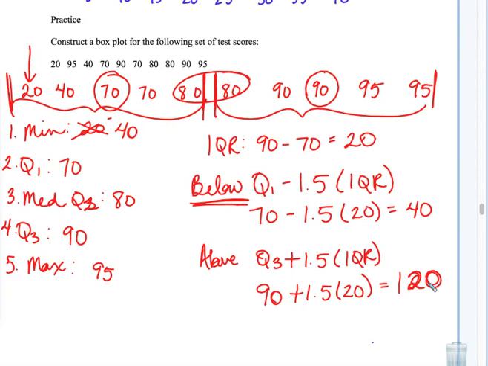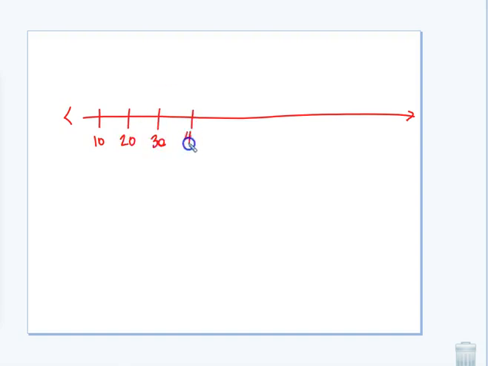So let me get a clean page to do this. And so you're going to draw your number line. Here my numbers go higher than the last example, so I'm going to go by tens. And I'm going to stop at 100 because I don't have any numbers larger than that.